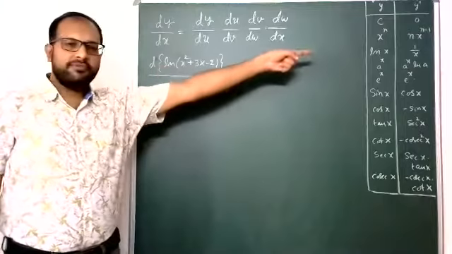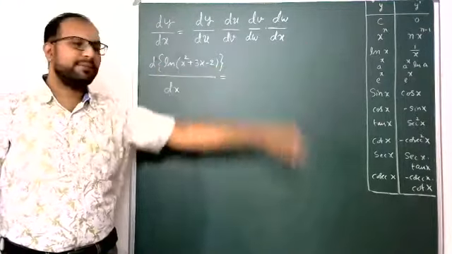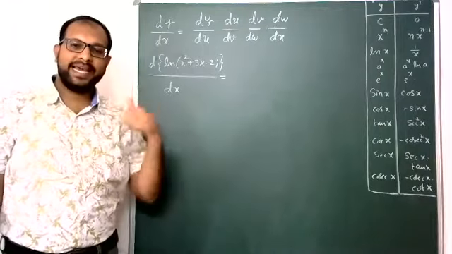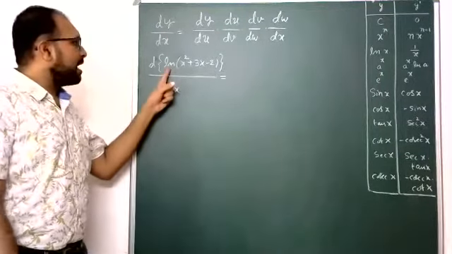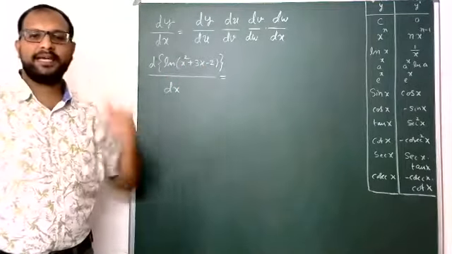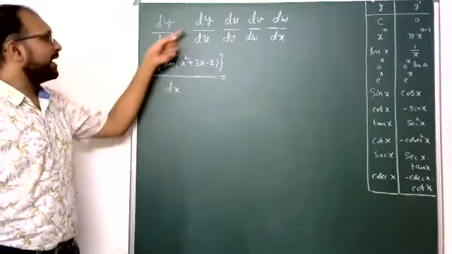Students, the derivative of ln x, yesterday's direct function, is 1 by x. But here, ln of x square plus 3x minus 2, one more function is there. So now the chain rule applies.